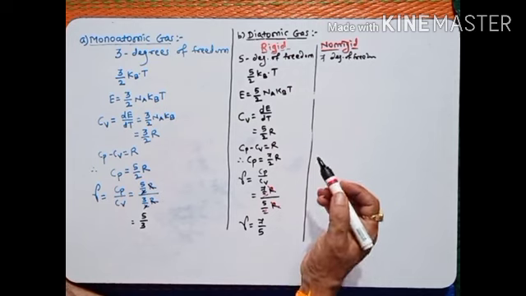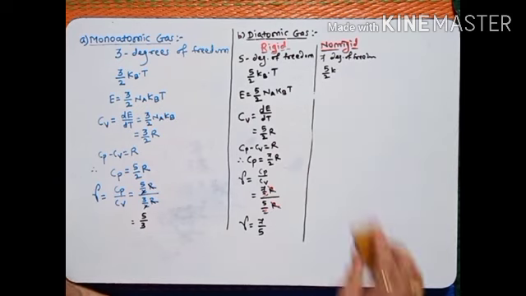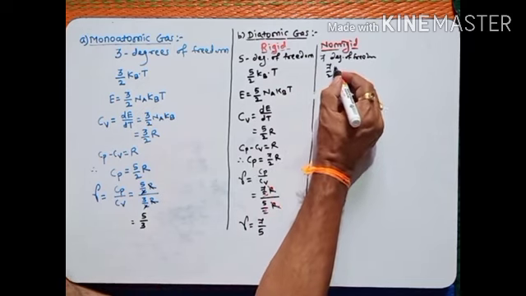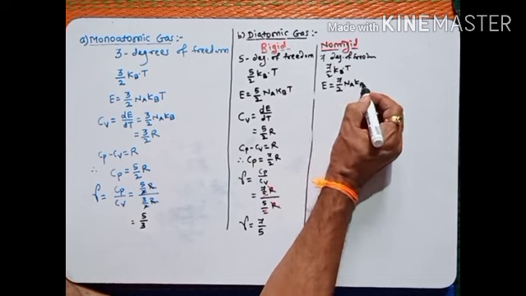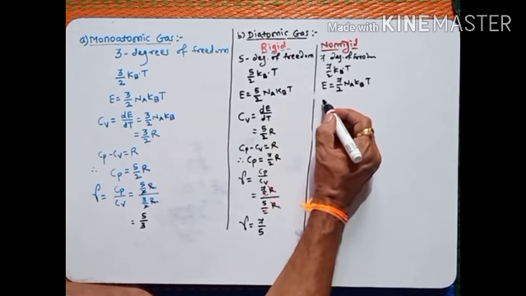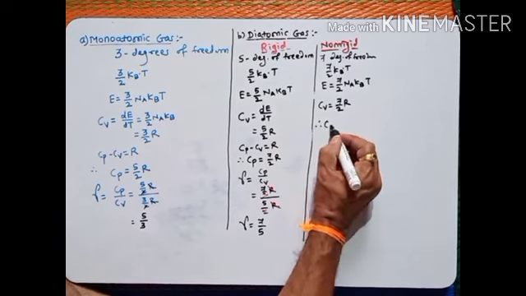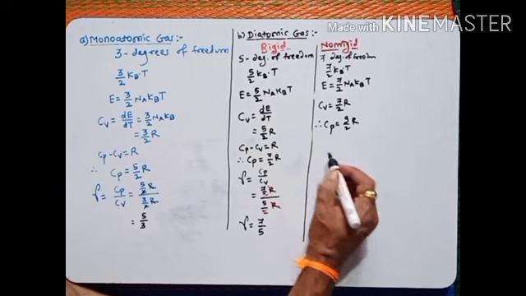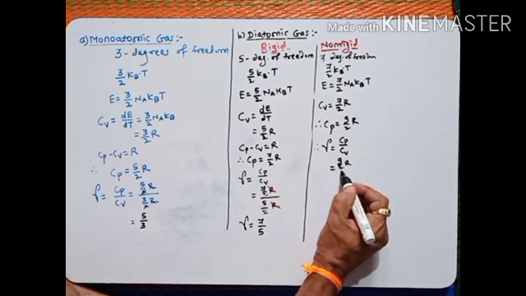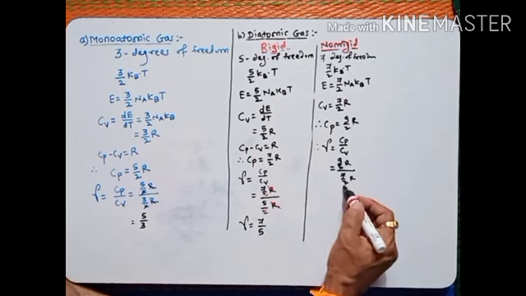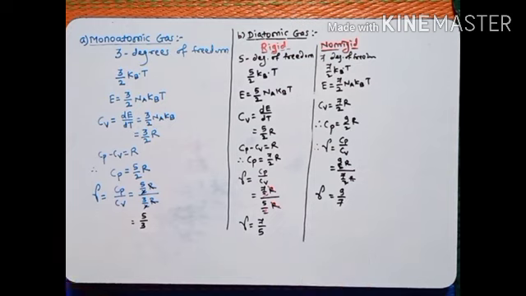And the energy per molecule can be written like this: 7 by 2 kb into T. That means E is equal to 7 by 2 Na kb into T, and therefore we get Cv is equal to 7 by 2 R, and therefore Cp can be written as 9 by 2 R, and therefore adiabatic constant gamma is equal to Cp upon Cv, which is equal to 9 by 2 R divided by 7 by 2 R. Again 2 gets cancelled, R also gets cancelled, and we get gamma is equal to 9 by 7. This is for diatomic gas.